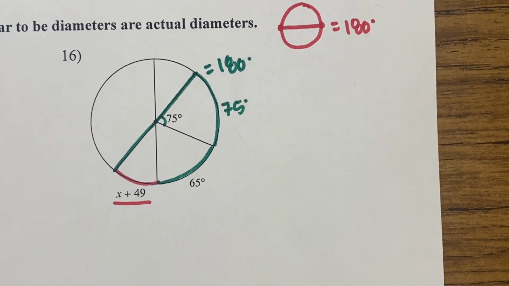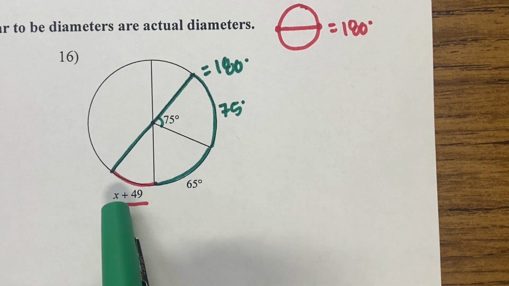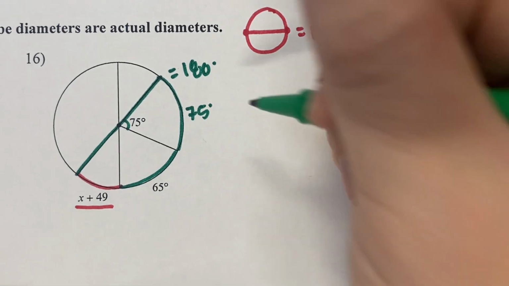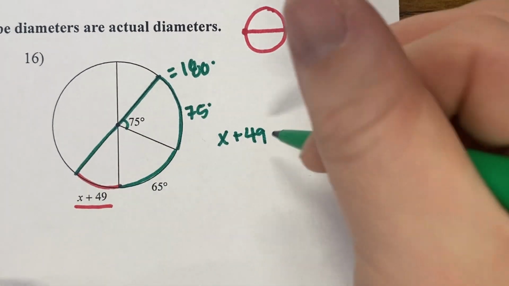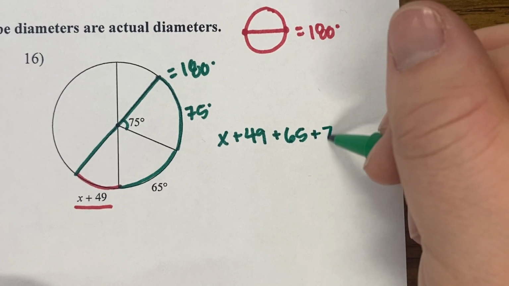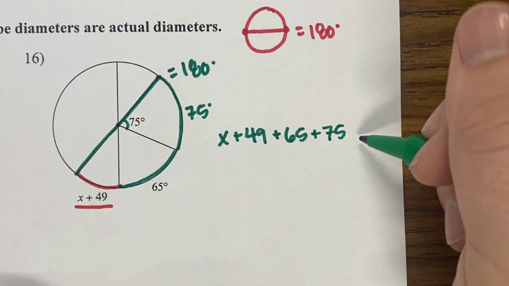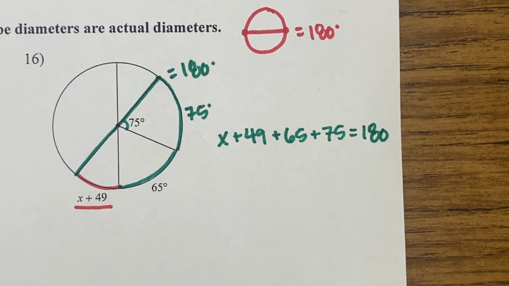So let's go ahead and add all three of these arcs up, set it equal to 180 in order to find my x. So I have x plus 49, my first arc, plus 65, second arc, plus 75, third arc, and it all equals 180 degrees.